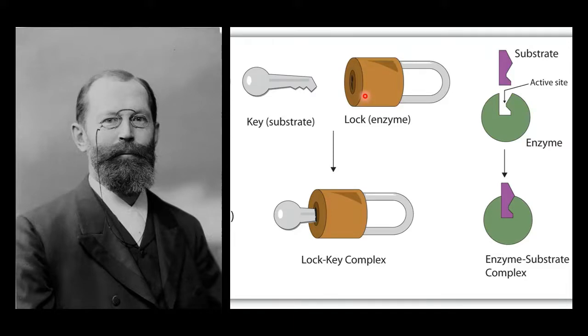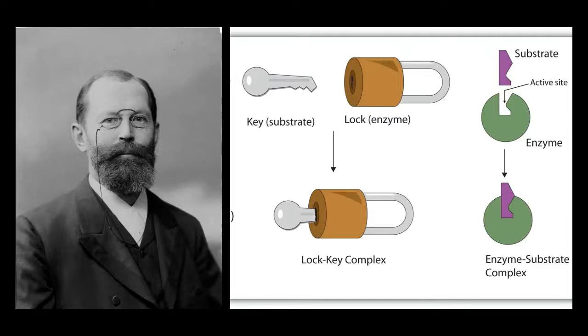In other words, the specific type of enzyme will have the complementary shape of how the key is also shaped. This is how Emil Fischer looked at the enzyme and substrate in a lock and key model.